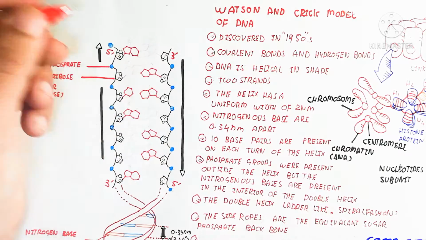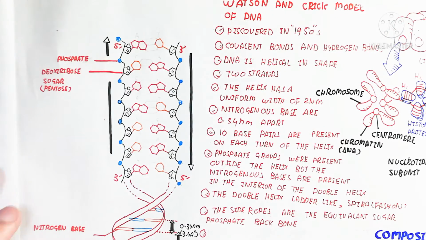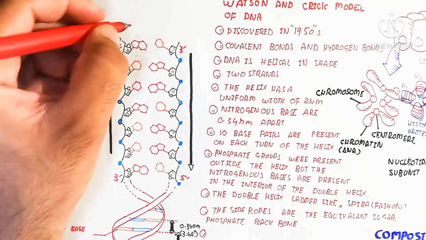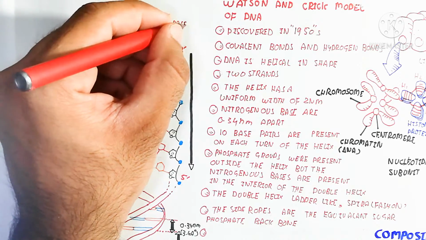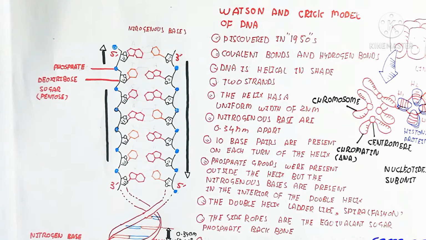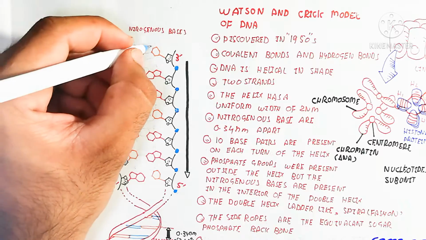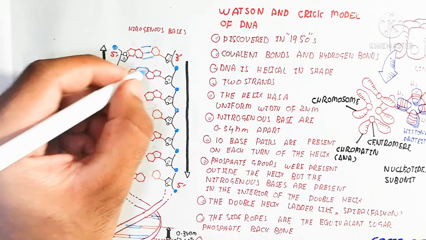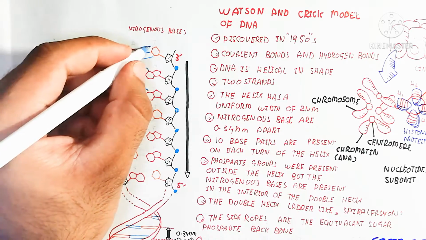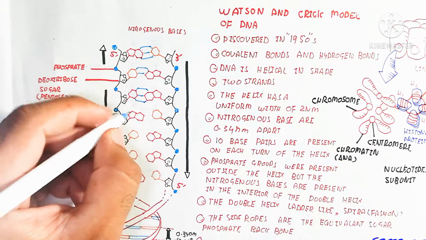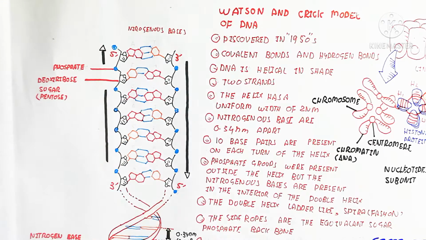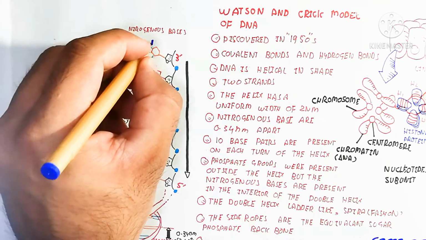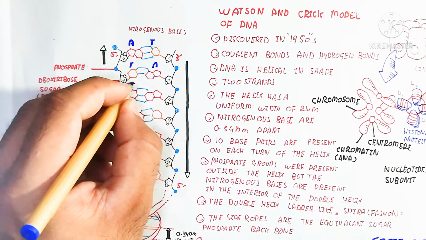For example, one strand goes 5 prime to 3 prime, with the phosphate group attached to a ribose sugar, while the other is the opposite. Here I made a little mistake, so you can correct it.